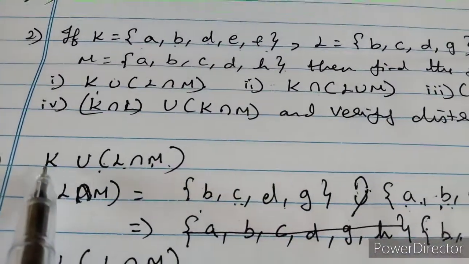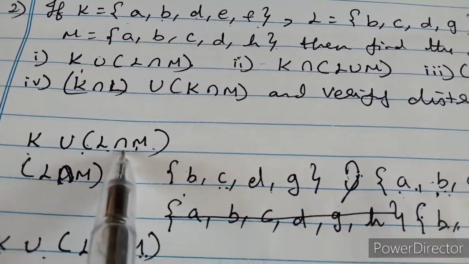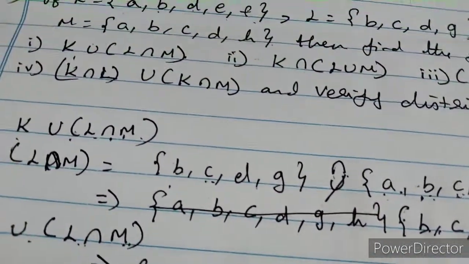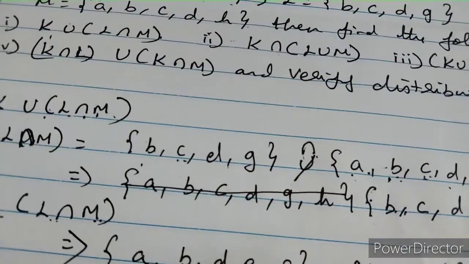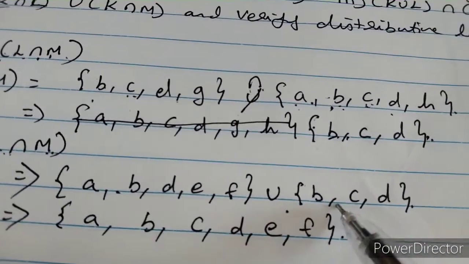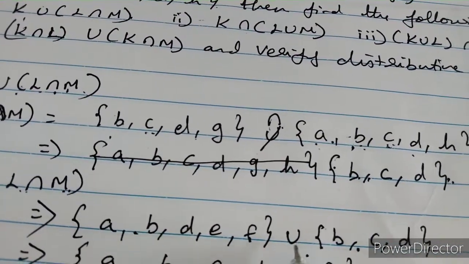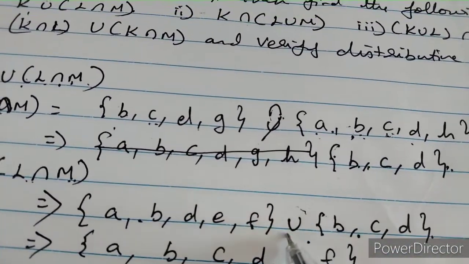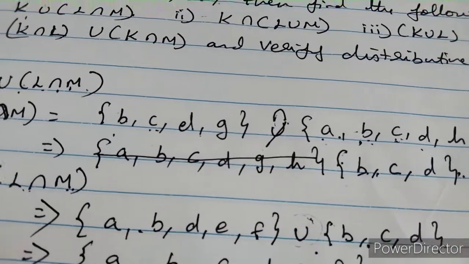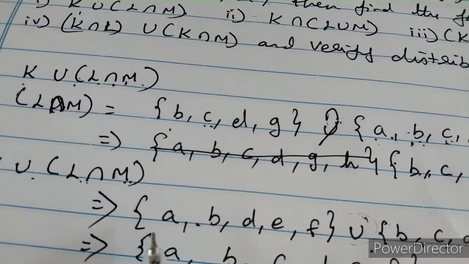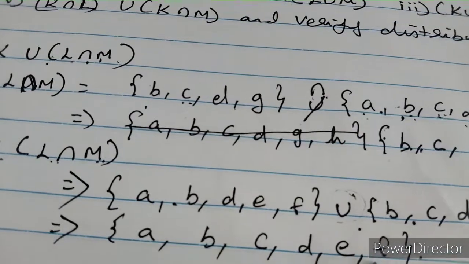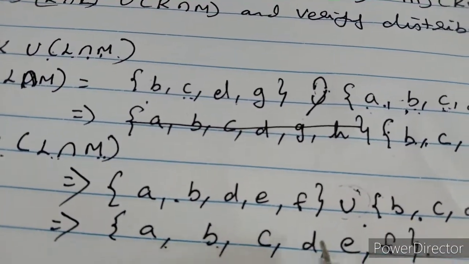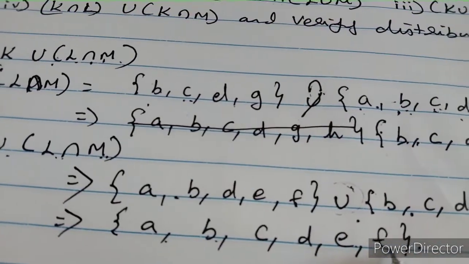And next is K union (L intersection M). Now here union is there. Union means all the elements you have to write in a set: A, B, C, D, E and F.